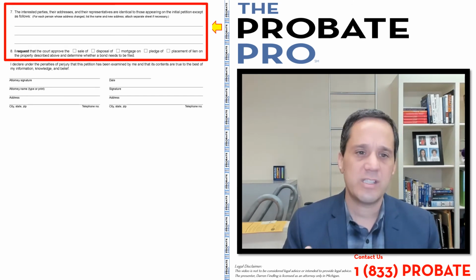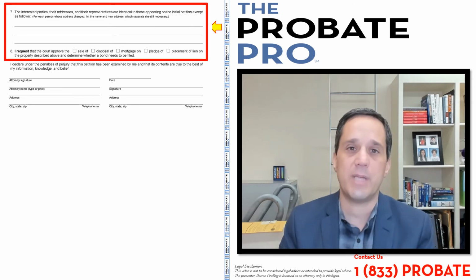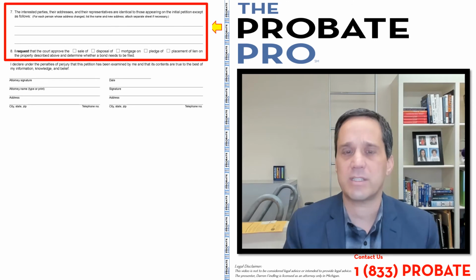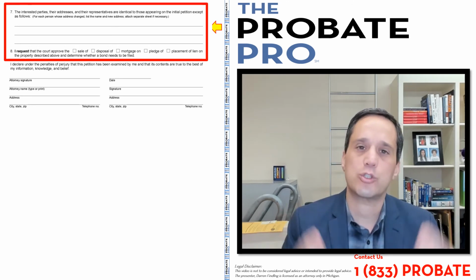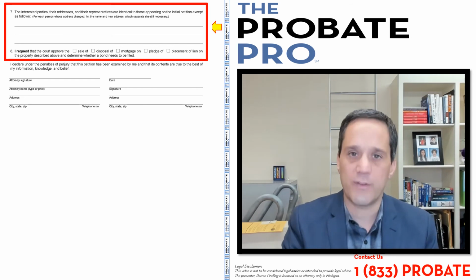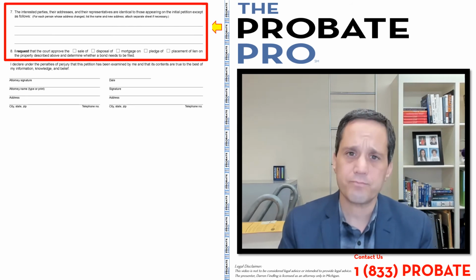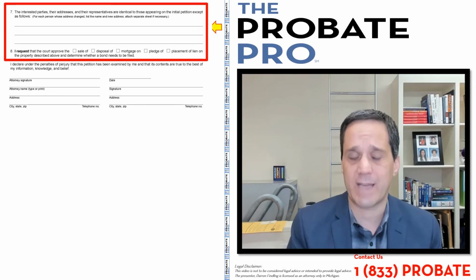And this is typical of most of the state court administrative order forms. You're constantly updating the court to provide them with current information about the addresses of the interested persons. And that's really for purposes of ensuring that service through a proof of service that is done when these are filed and you send it out with a notice of hearing, that you're complying with the court rule for purposes of serving the correct people at the correct address.